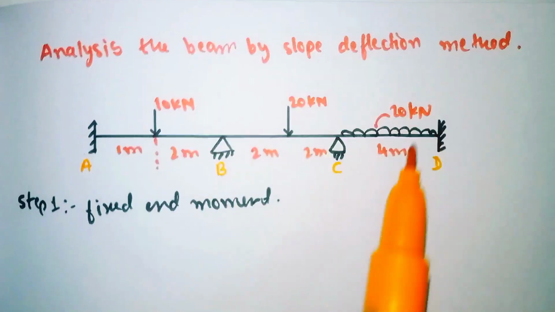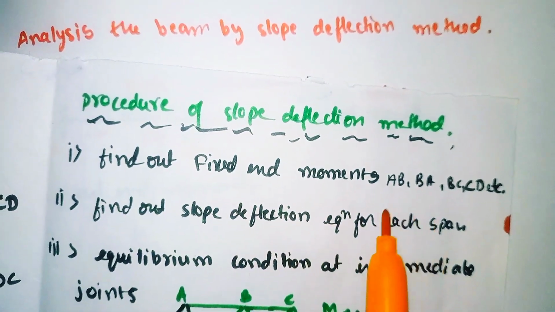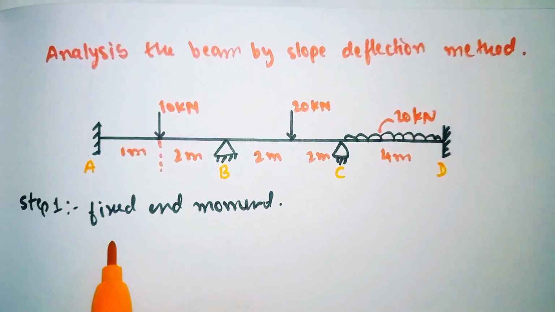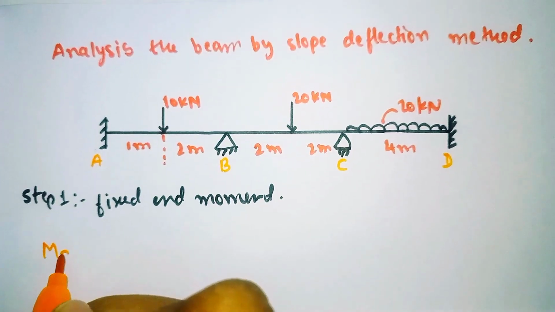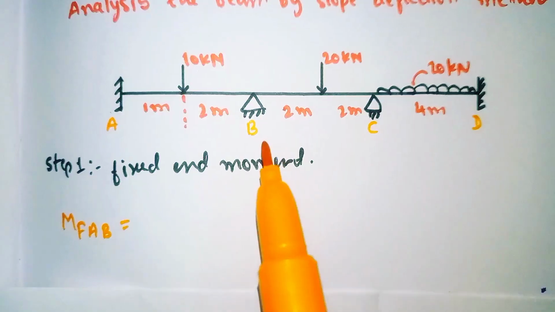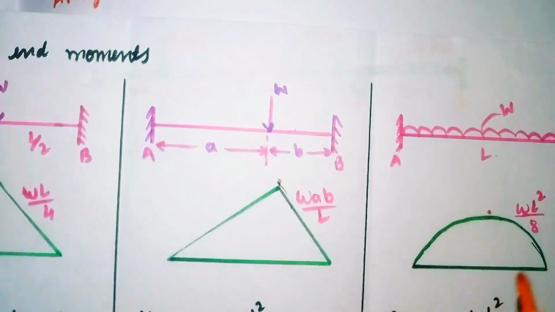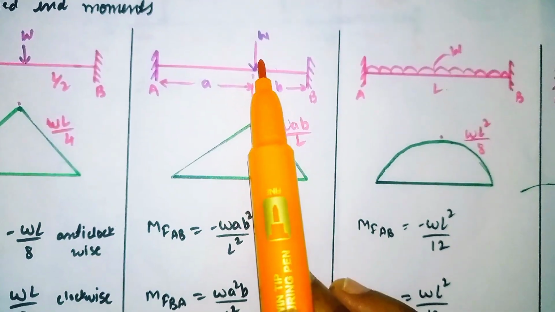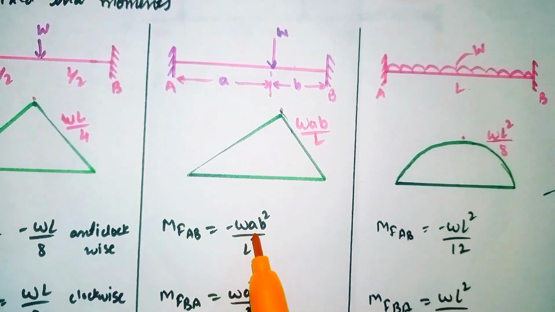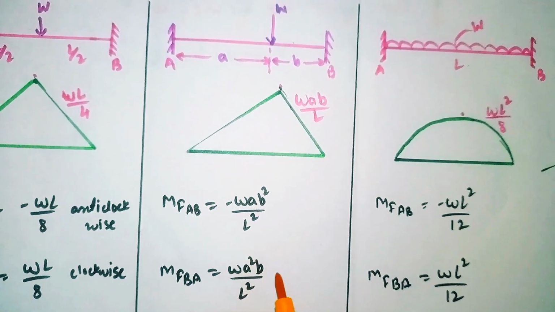So in the slope deflection method, the first step is to find the fixed end moments of spans AB, BA, BC, CB, CD, DC, etc. We'll see the fixed end moment for span AB first. For span AB, the load is not acting at the center, so we have the formula: MFAB is equal to minus W a b squared divided by L squared, and MFBA is W a squared b divided by L squared.